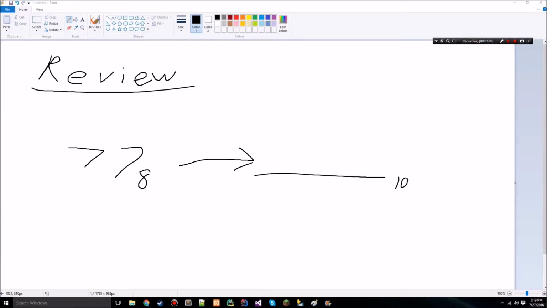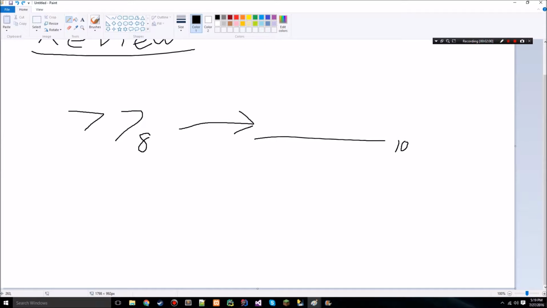Let's do the review. I've got an octal number, and I want to convert it to base 10. What we're going to do is take 7, as you can recall. Let me get a bigger brush size. Let's take 7, and then write our powers of 8 first.